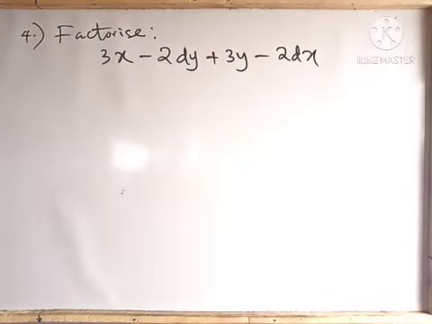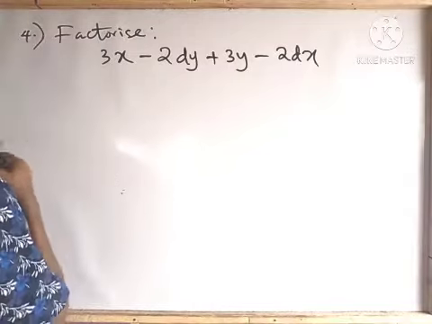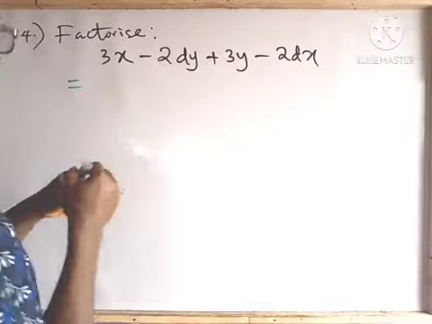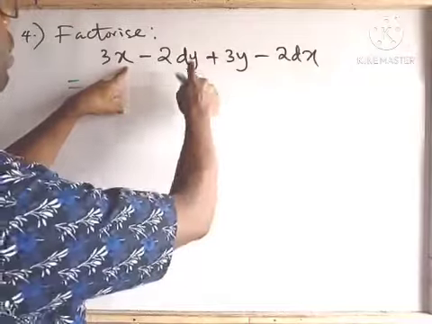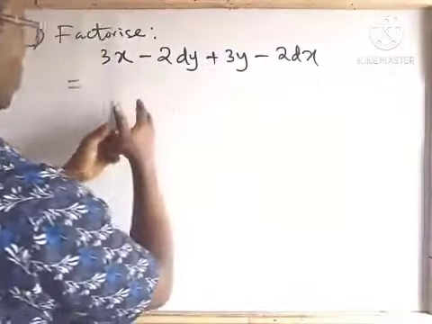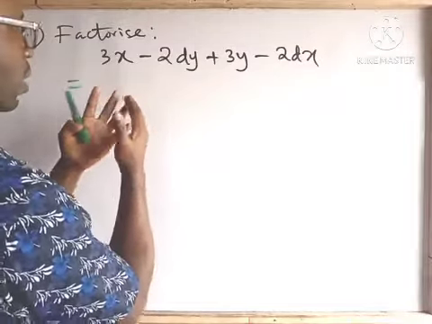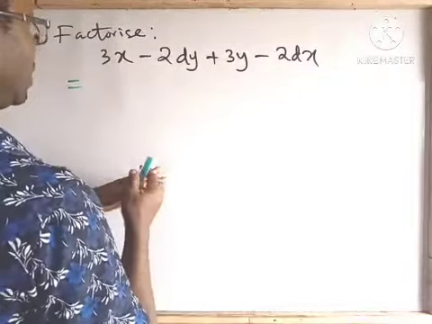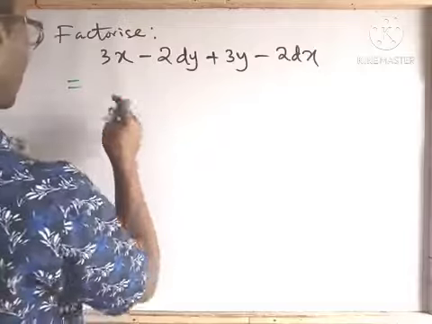Alright, solving this number 4, we are asked to factorize. So let's quickly check. I have x, I have y, I have y, I have x. So you discover that the arrangement of the unknown is not following a regular pattern. So I'm going to rearrange it. So when I rearrange, I have 3x.